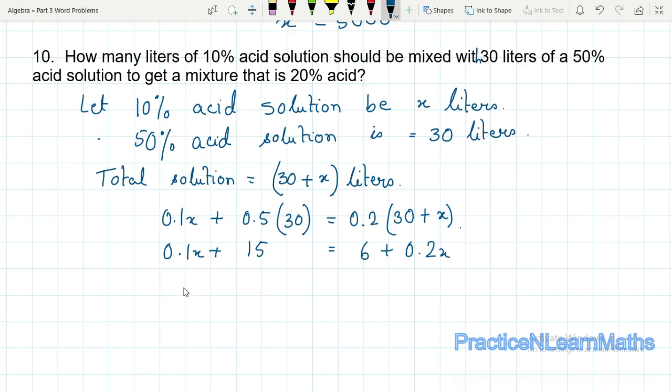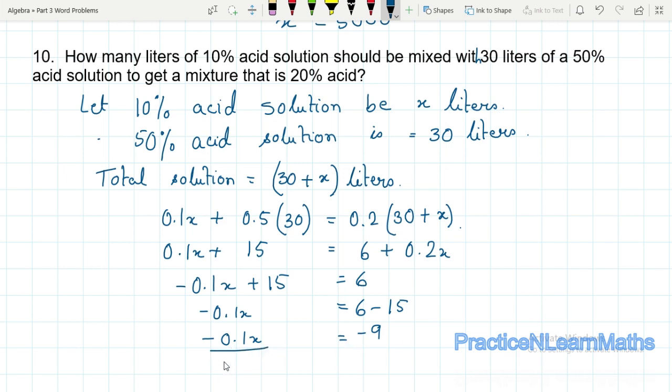Subtracting 0.2x from both sides, we get negative 0.1x plus 15 is equal to 6. Subtracting 15 from both sides, we get negative 0.1x is equal to 6 minus 15, so negative 0.1x is equal to negative 9.